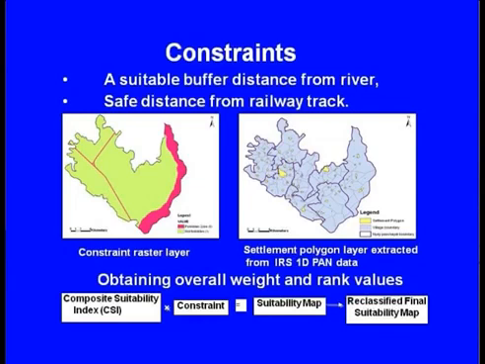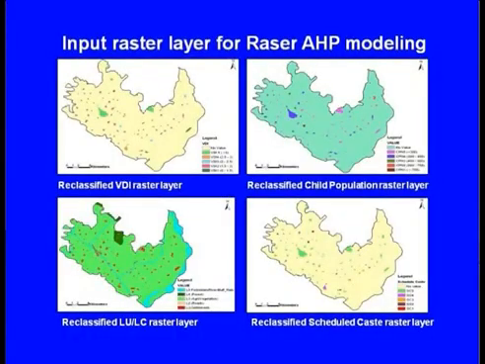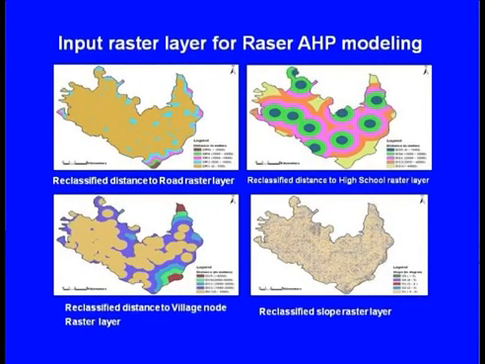In order to do this, we need to do some raster classification based on the village development index, the child population, the land use land cover, the scheduled caste information, road layers, high school layers, village node layers, and slope layers.